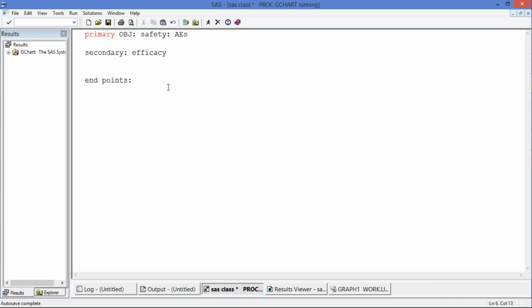The secondary endpoint is to assess the secondary objective. Let's say the secondary endpoint is efficacy. How can we reach efficacy? What kind of parameters do we require to assess that the drug is effective?